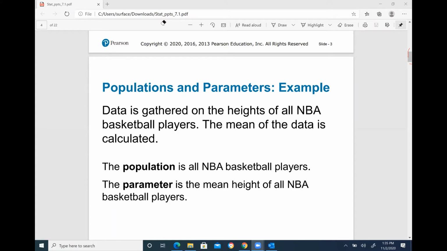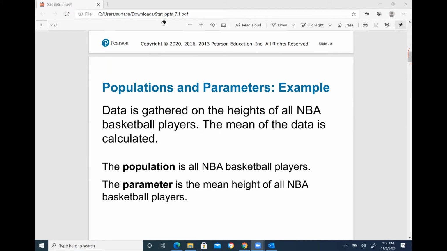In this case, the population is all the NBA basketball players, the height of all of them, right? They are the population. It looks like they don't give us the specific number. But in this story, we just know that they talk about all NBA basketball players. They will have the height of each, and they take the height of each person to compute the mean or the average.